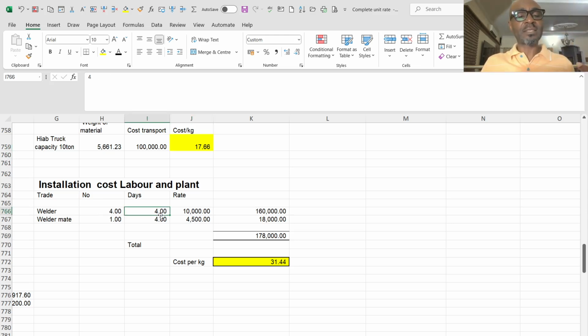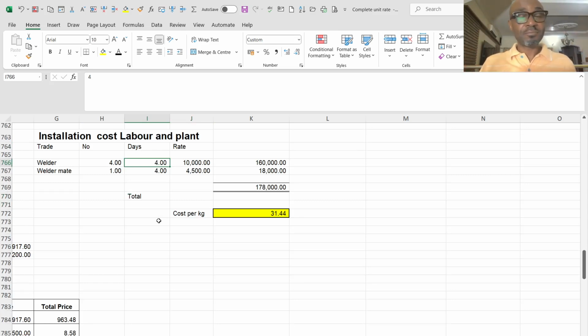Then the cost of installation, which I said has to be treated separately. By virtue of the experience I have looking at the drawing, I will be able to install in 4 days. So I assume I'm going to spend 4 days to install it. I need 4 welders and I need 1 welding mate.